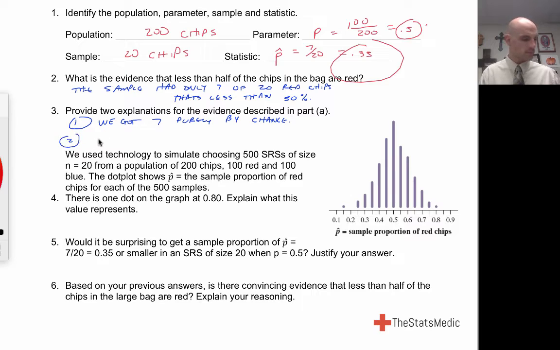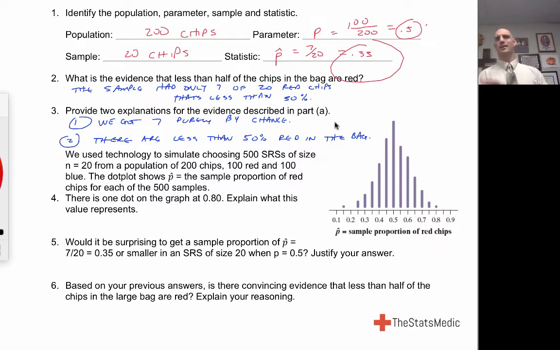Or there are less than 50% red in the bag. Right? So this happens and we go, either, man, that doesn't have 100 red chips in it, or, well, I guess by chance it just happened.